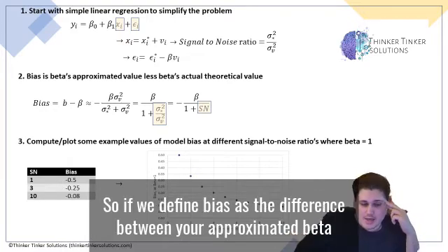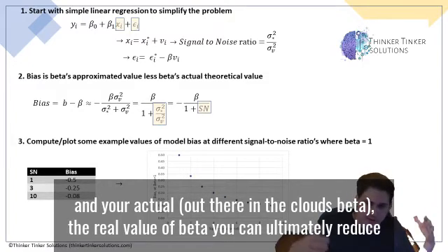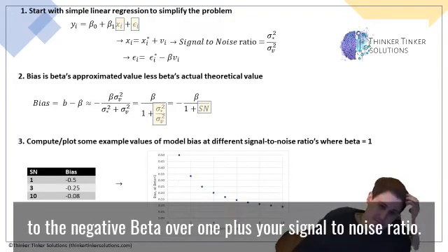So if we define bias as the difference between your approximated beta and your actual, out there in the clouds, the real value of beta, you can ultimately reduce that to negative beta over 1 plus your signal to noise ratio.